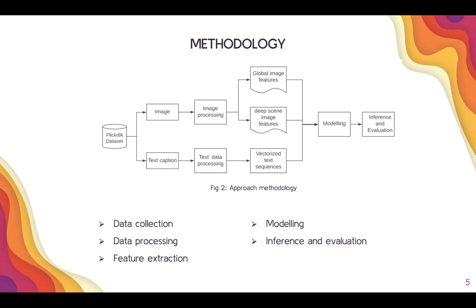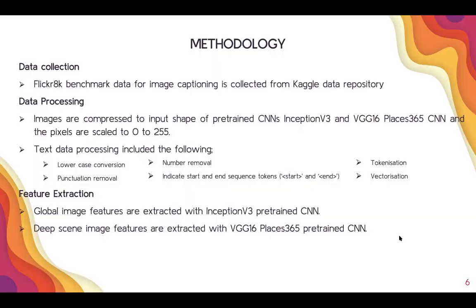For the image, we extract both global image features and the deep scene image features. After feature extraction, we use those extracted features to model, and after modeling, we conduct inference and evaluate our results. So the steps are data collection, data processing, feature extraction, modeling, inference, and evaluation.